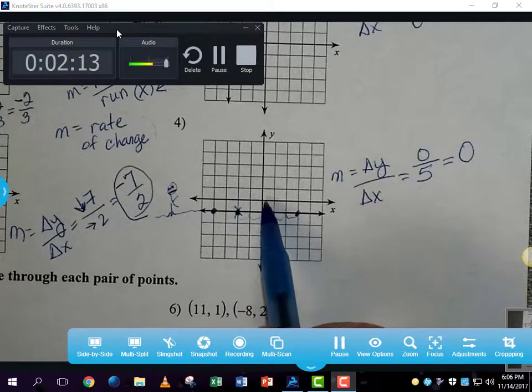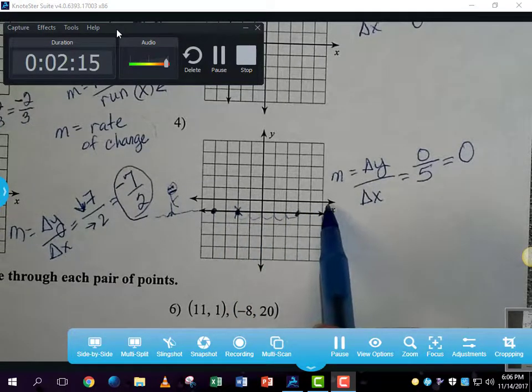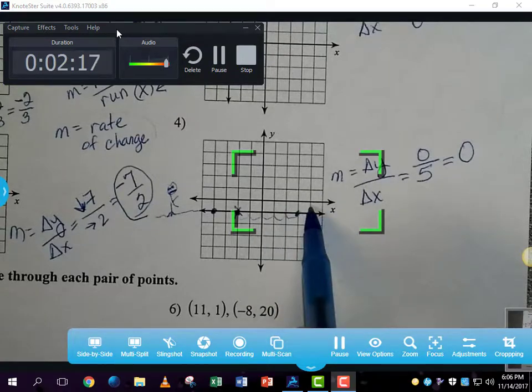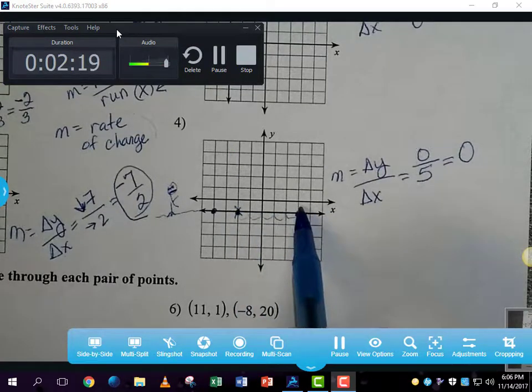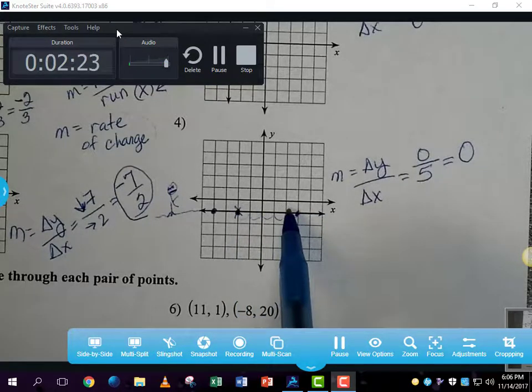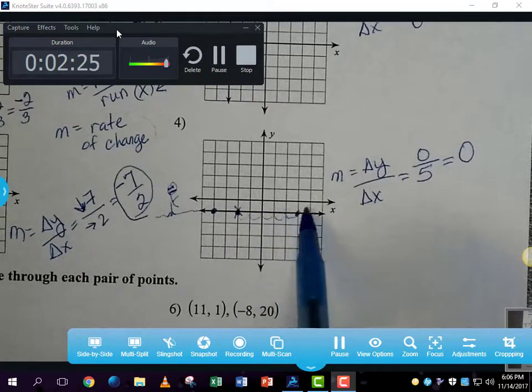I'm just skiing. I'm not dying because I'm not falling. I'm not crashing. But the slope is 0. This would be quite a boring, in my opinion at least, skiing trip if this is what you're skiing on.